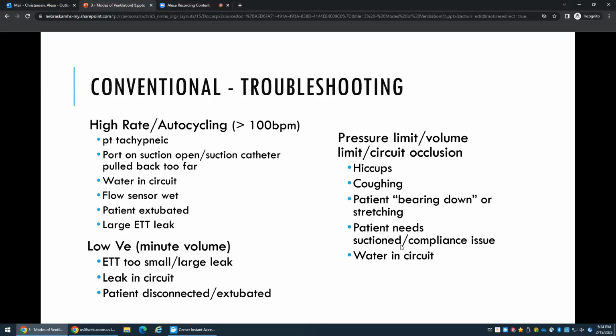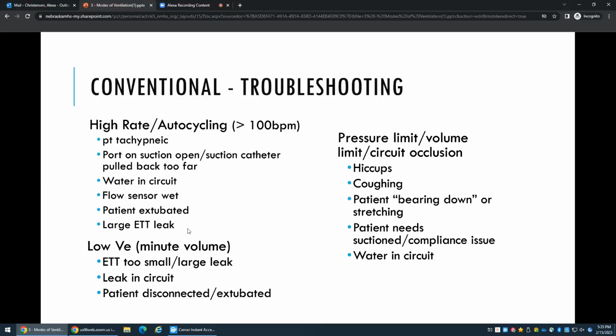The auto-cycling alarm is kind of one of the first alarms. Before the vent starts alarming other things, it will alarm auto-cycling or high rate first, and then start alarming some other things if there's other things wrong. If you have a large ET tube leak, because again, an ET tube leak is just a leak in the system when you think about it, the vent might be trying to give more breath.